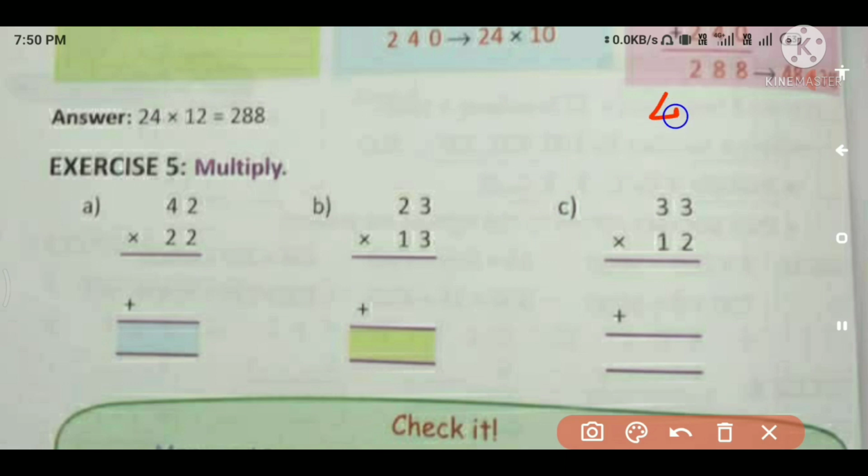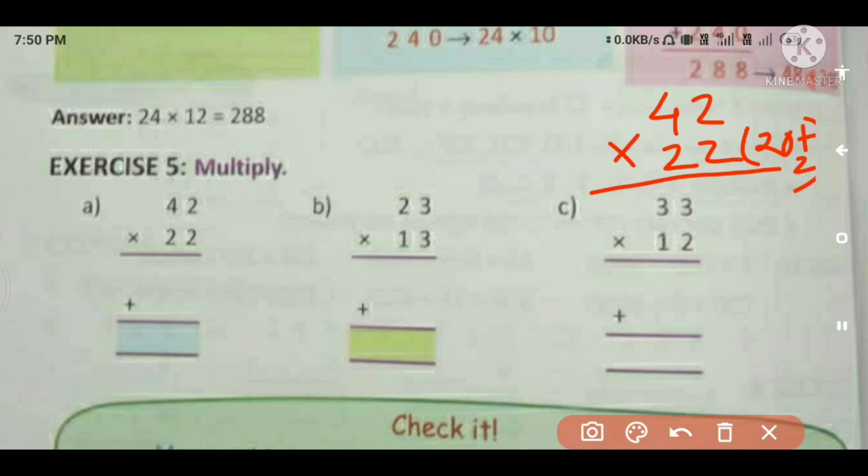So 42 multiplied by 22. So this 22 I expand it with 20 plus 2, right? So 2 into 42 we get what? 84, right? Now 42 into 20, 42 into 2, 84.